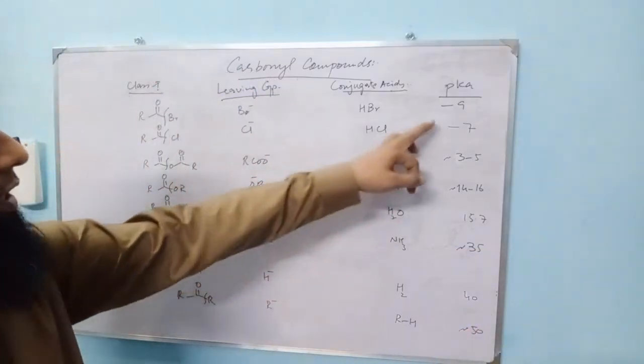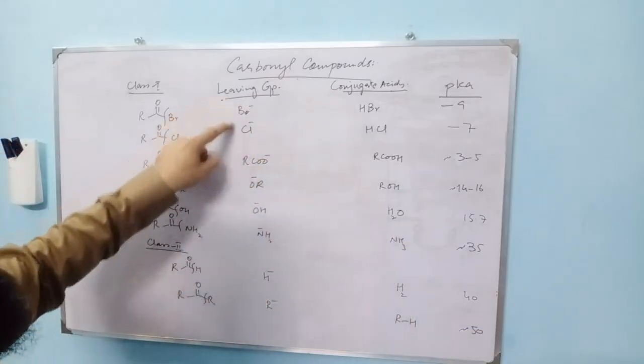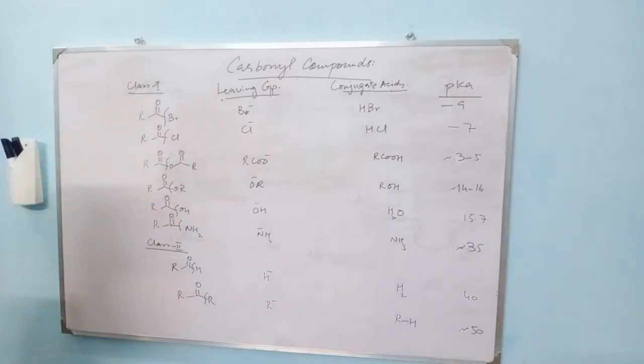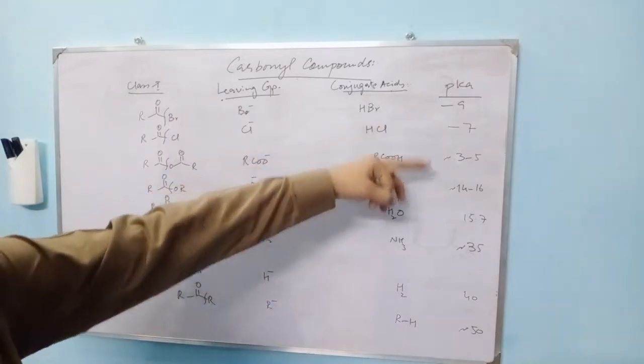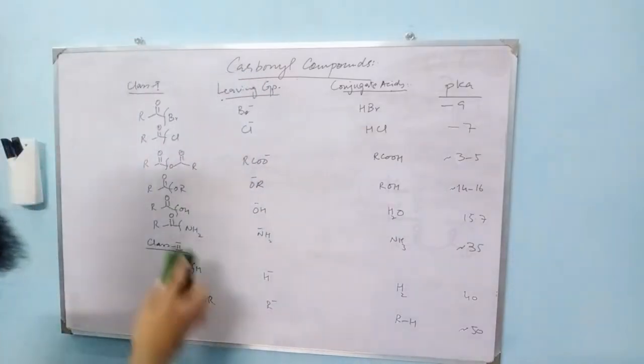So these are pKa values, and these are the conjugate acids for these leaving groups present in class 1 and class 2 carbonyls. We should be able to remember all the pKa values, and now we proceed further.